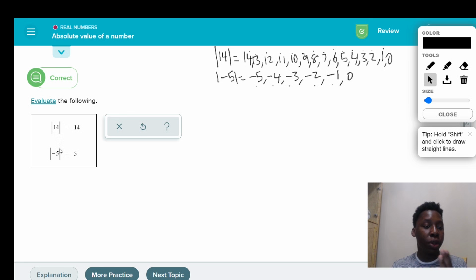In this case, this -5 is a negative value, and when we're counting values, the values can never be a negative number. We can't just count something and say it's a negative. So from -5, if we want to count to 0, we have to remove the negative and put a positive. But if the number is positive, say we're working with 14 in this case, all you have to do is just copy 14, and that's it.